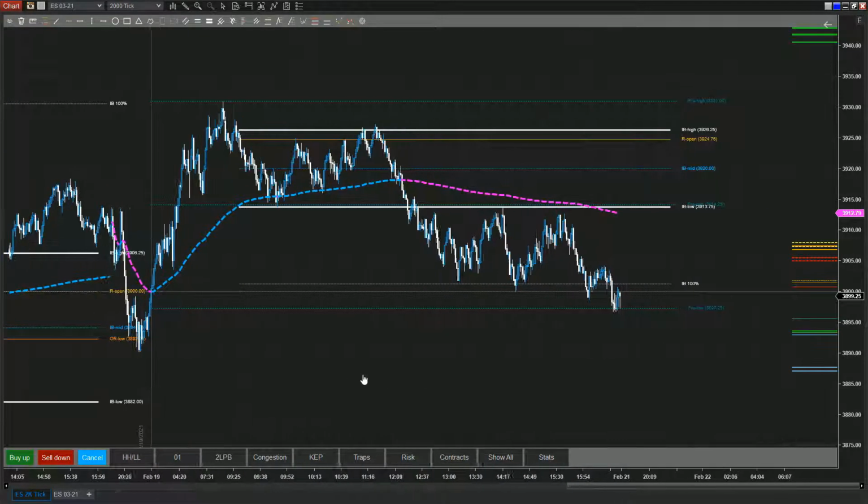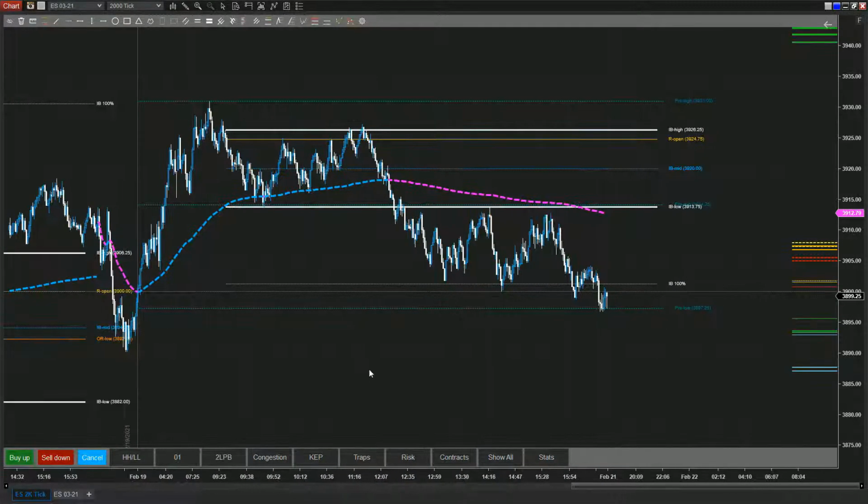So how is it used? If you're an institution that's trading, and let's focus on the S&P and then put it in context with an individual equity, if you're measuring your trading execution over the course of the day, ideally you want to sell above VWAP and buy below VWAP.